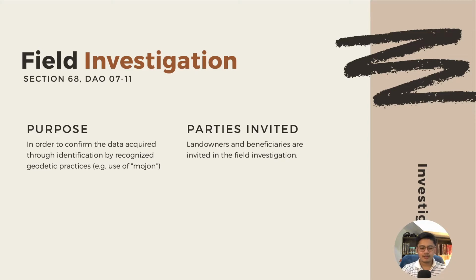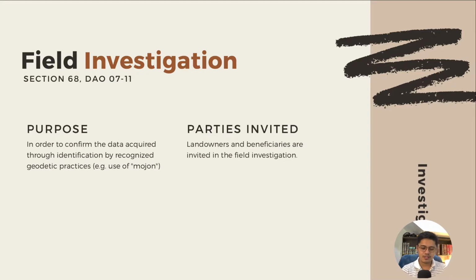But after the notice of coverage, the DAR will have to confirm the theory that the land is covered, to confirm that the data they have is correct, meaning also to confirm that the land is this big, to confirm the metes and bounds, the location, etc.